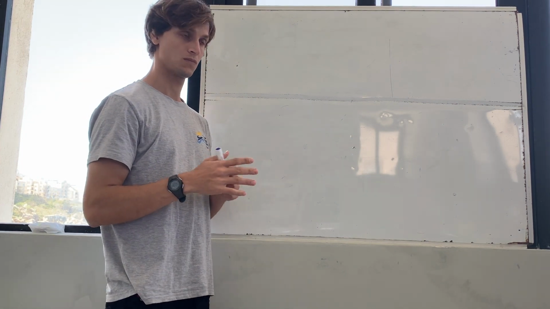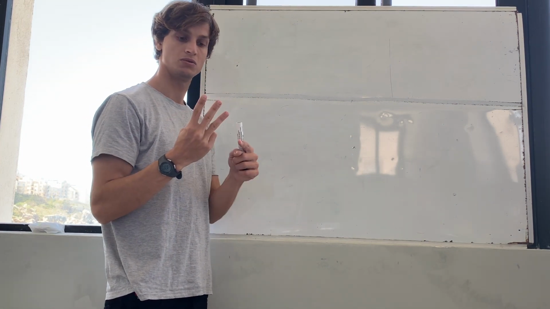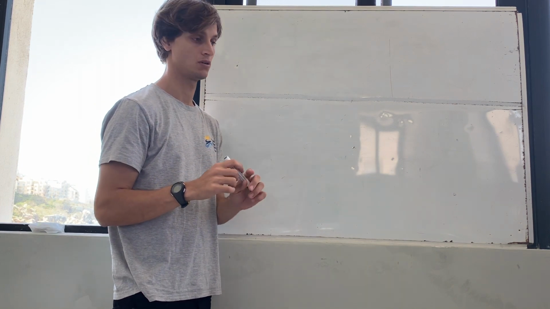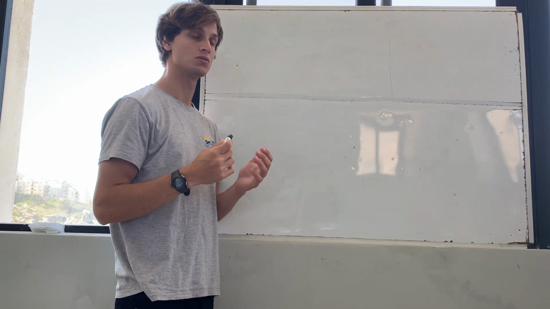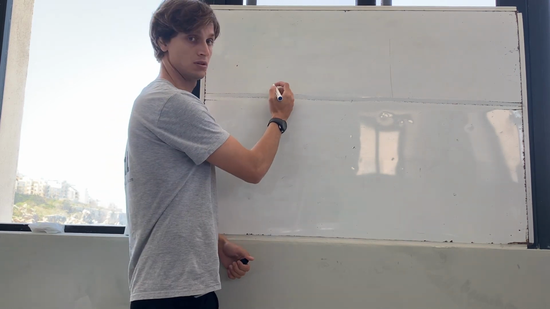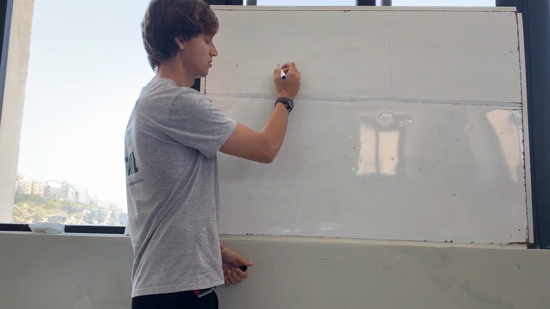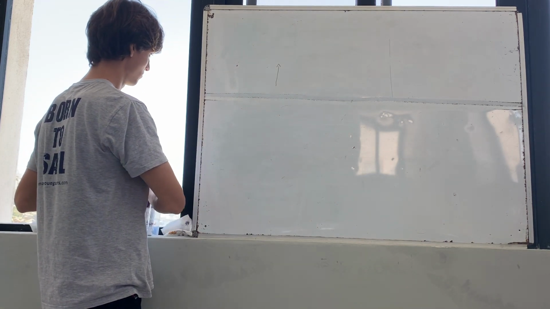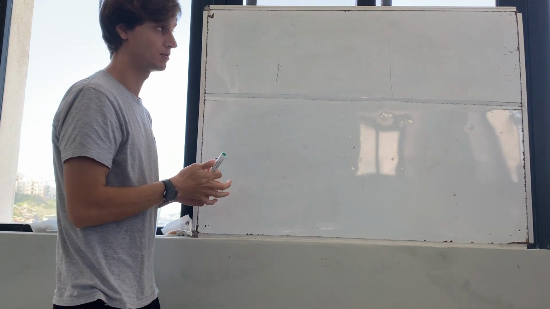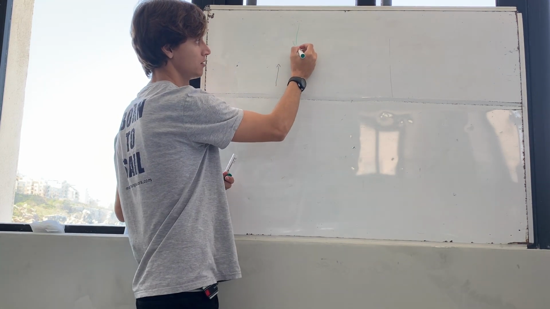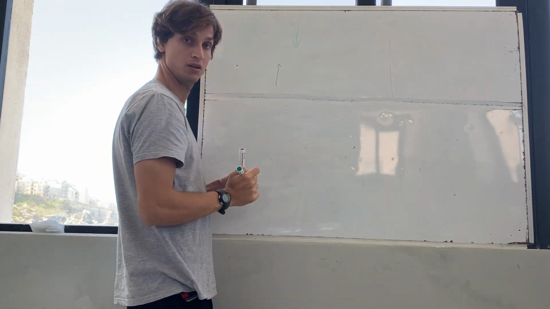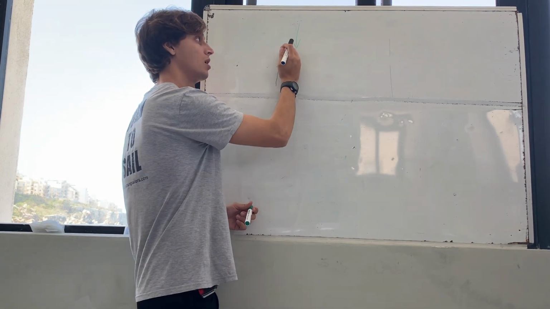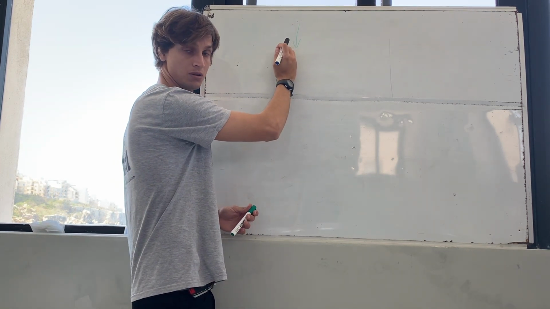We have three main directions that we do, okay? On races, on everything. Those are upwind, you guys already know. If the wind is coming from that way, upwind means against the wind.